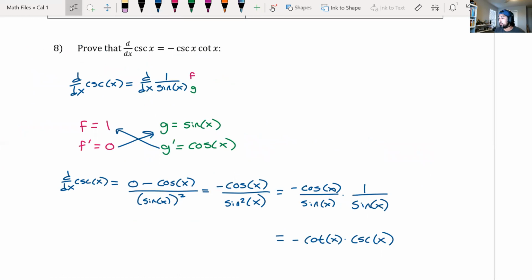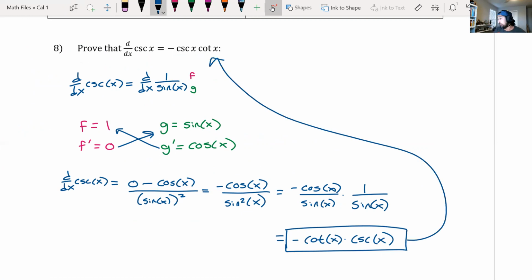You can rewrite it either way. The negative can go anywhere if it's multiplication like that. Remember that multiplication is associative, so you're able to rearrange the terms. So that means this looks like that, just written in a different order, which means we have proven by quotient rule, by derivatives, by calculus, that the derivative of cosecant is negative cosecant cotangent x.